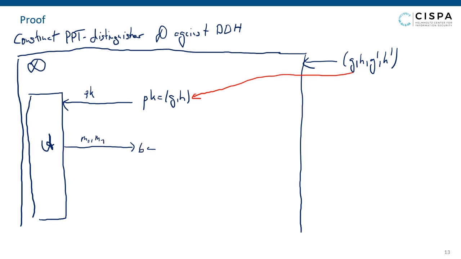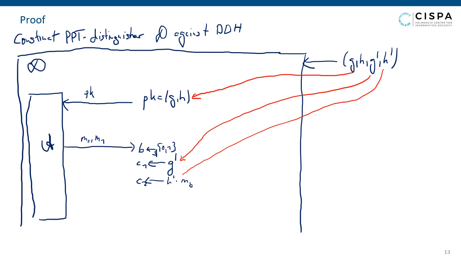Next, it chooses a random bit B and sets the ciphertext C1 part to G prime. And the ciphertext part C2, we're going to set to H prime times MB, right? And of course, this H prime also comes from the distinguisher's own input.